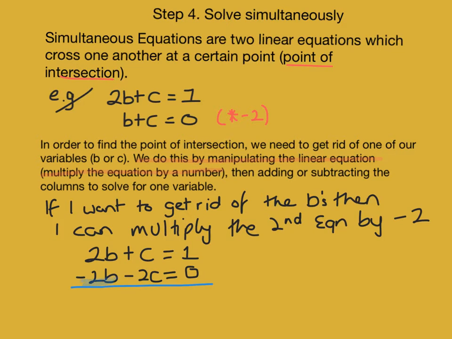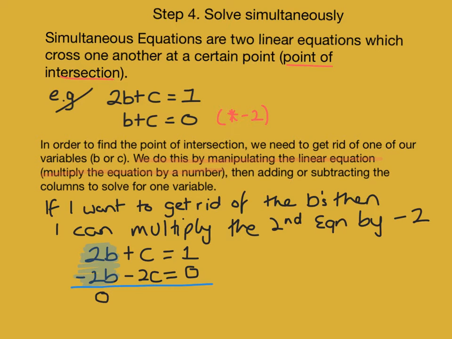The first column, 2B minus 2B. What do I get from that? 0. Very good. So 0 goes there.